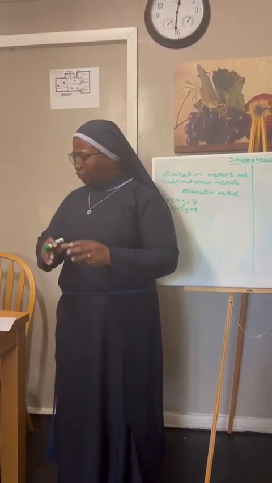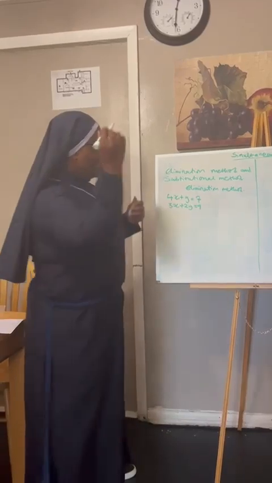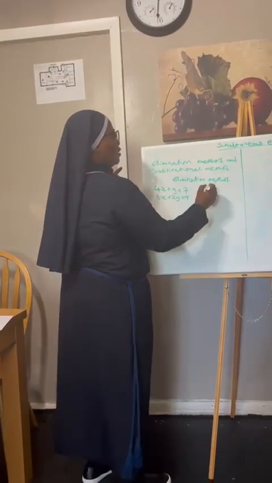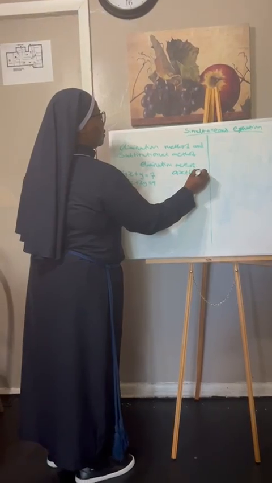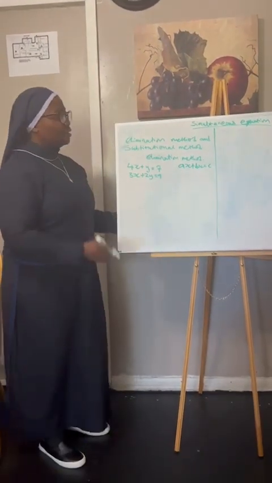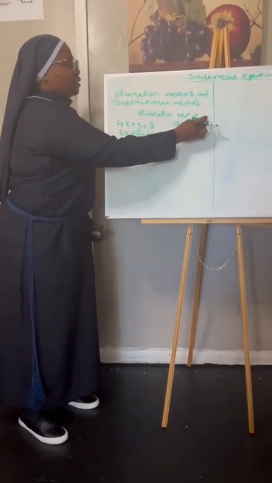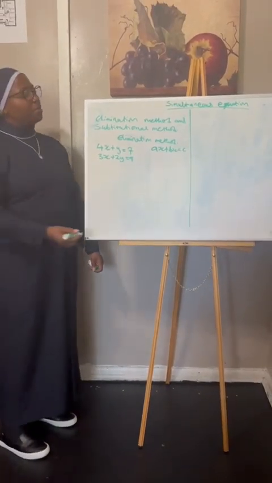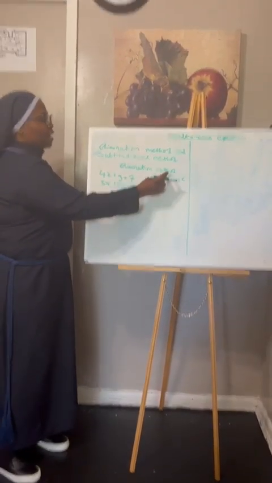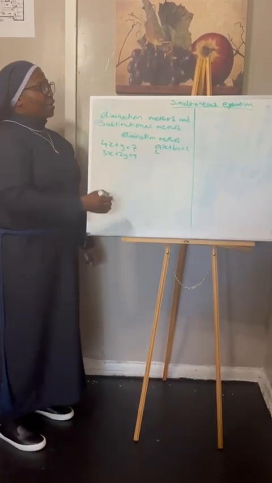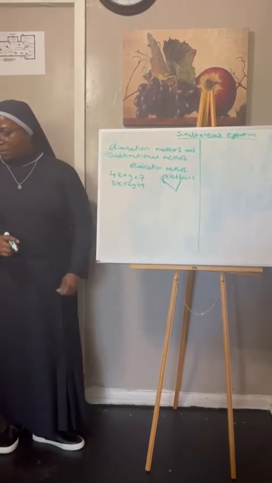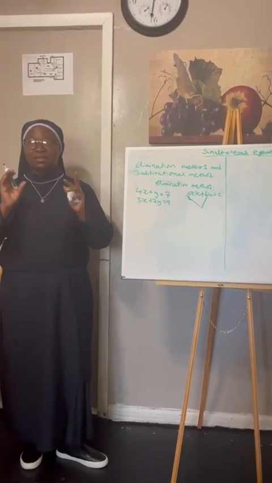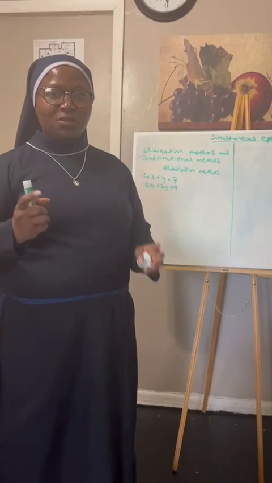First of all, I'm going to give you the general form, which is ax plus by is equal to c. What do we mean by a and b? This a and b stand for non-zero numbers.